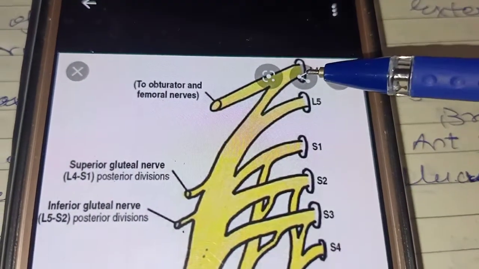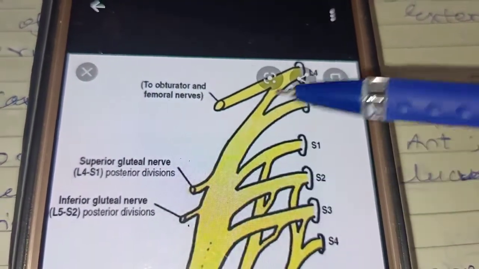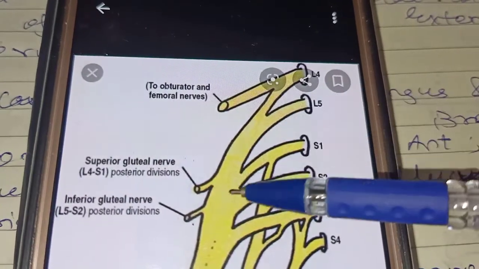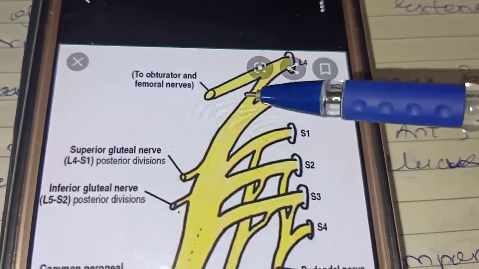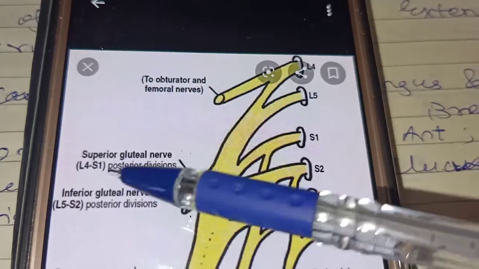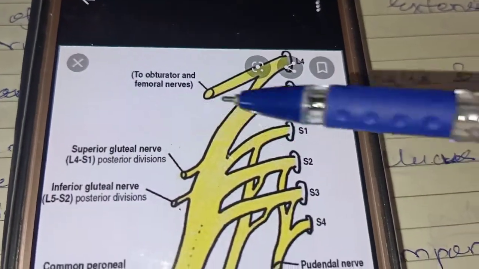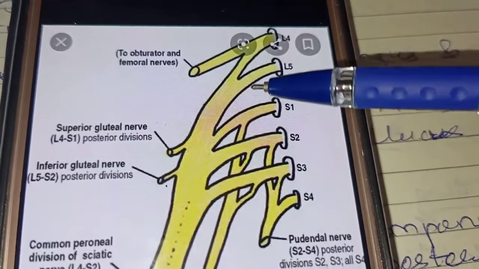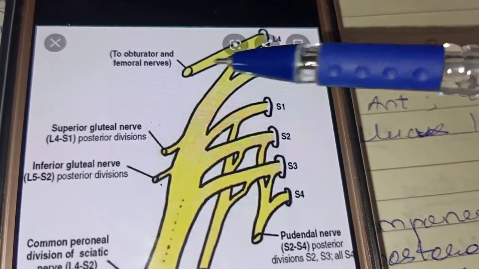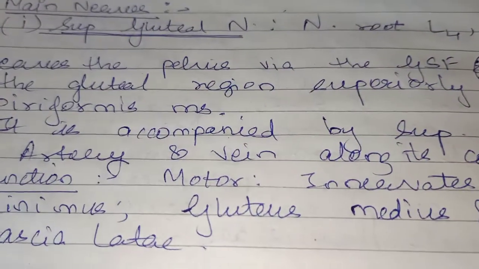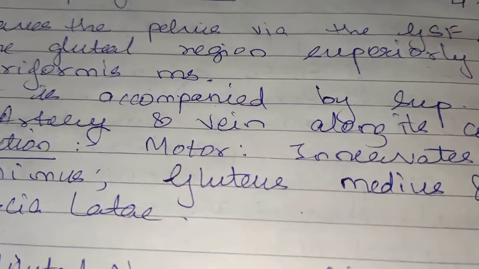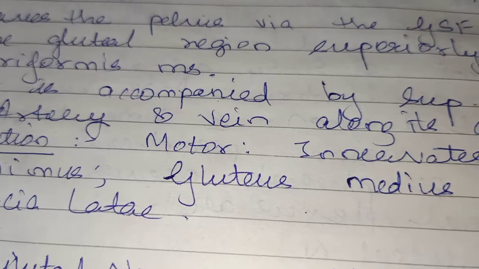The nerve root is L4, L5 and S1, the posterior divisions. These are the nerve roots of the superior gluteal nerve.